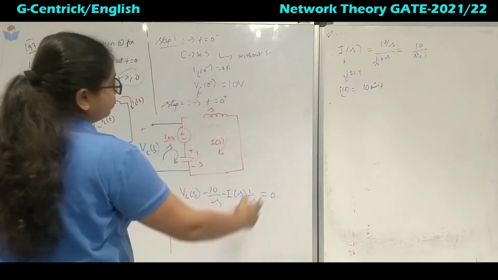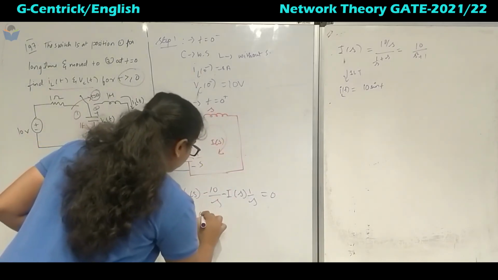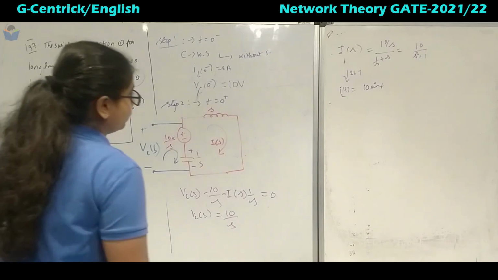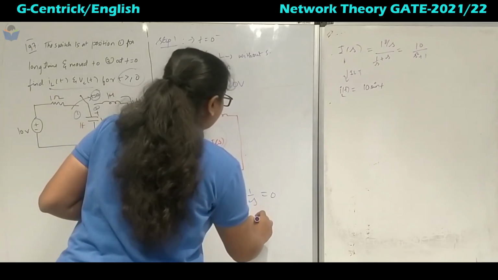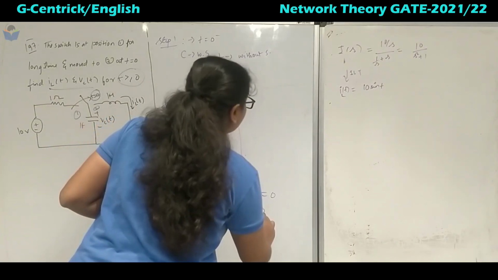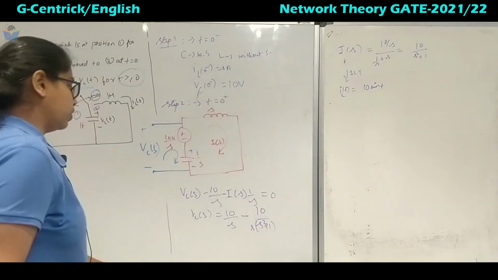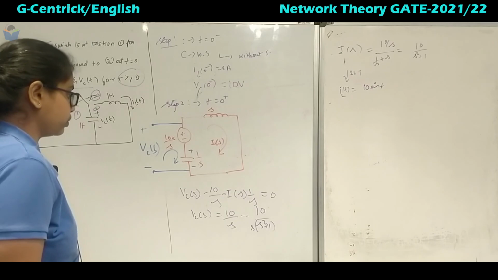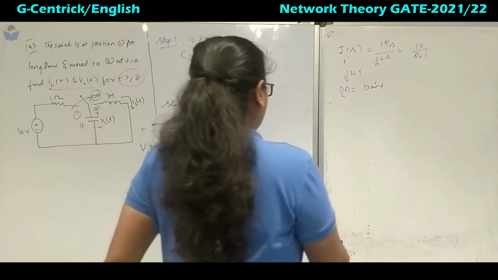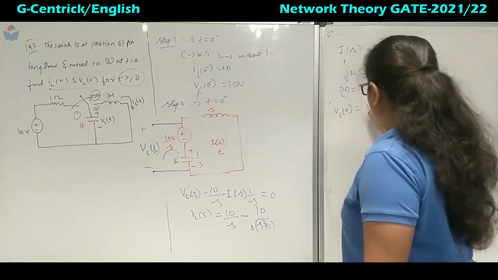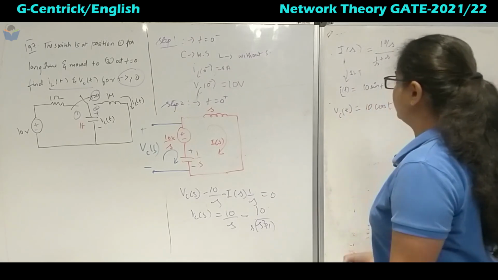I of S value, I'll substitute here, 10 over S square plus 1, into S. Take the LCM, and take the inverse Laplace transform of this one, you will get VC of t as 10 cos t.